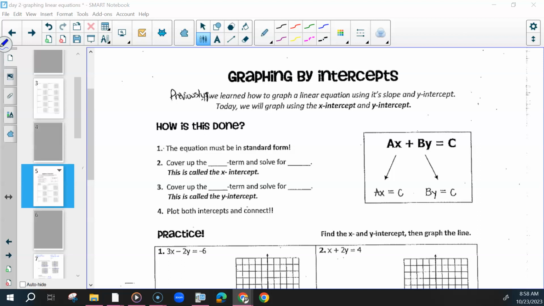So this is cover up the y term, solve for x, cover up the x term, solve for y. The cover up mathematically would be like what we did when we were solving the intercepts. We put 0 in for y. This became 0, so we dropped that and then set it equal to just whatever was left and solved.